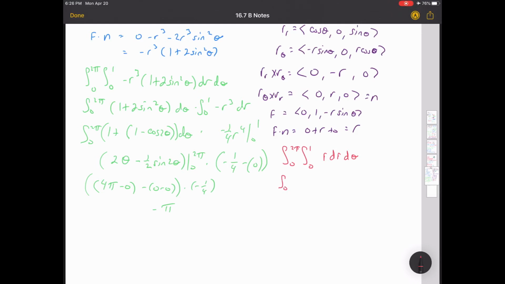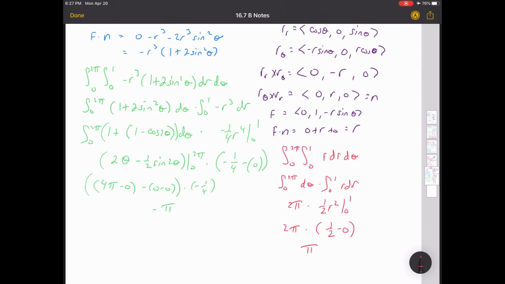So we get the integral from 0 to 2 pi of d theta, integral from 0 to 1 of r dr. We know the integral from 0 to 2 pi of d theta is 2 pi. Integral from 0 to 1 of r is going to be 1/2 r squared from 0 to 1. So we get 2 pi times, plugging in 1 I get a half, plugging in 0 I get 0. So we get half of 2 pi, which is pi.